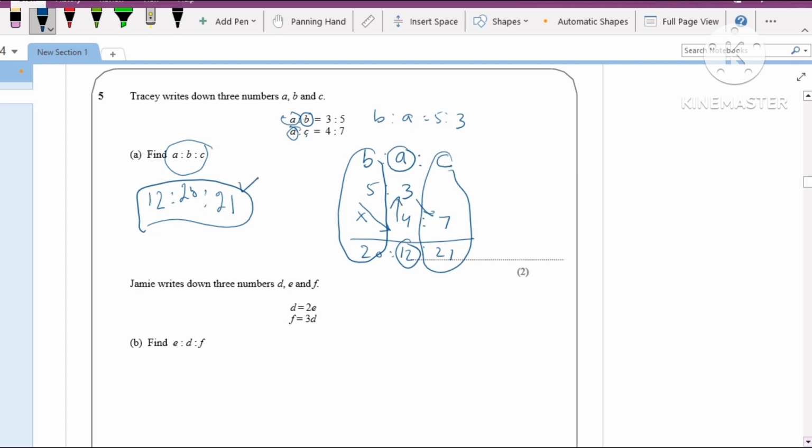So look at the next question. Basically we have to write down the ratio between E ratio D ratio F, and it's a comparison.